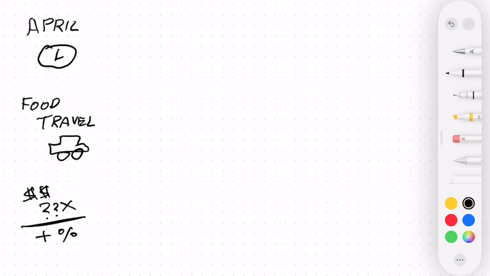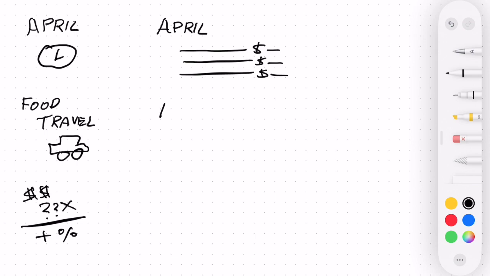To see my transactions for a given month, I started out with a timeline. So I would group my April transactions in a section with their descriptions and their amounts. And here's what I would spend in March.